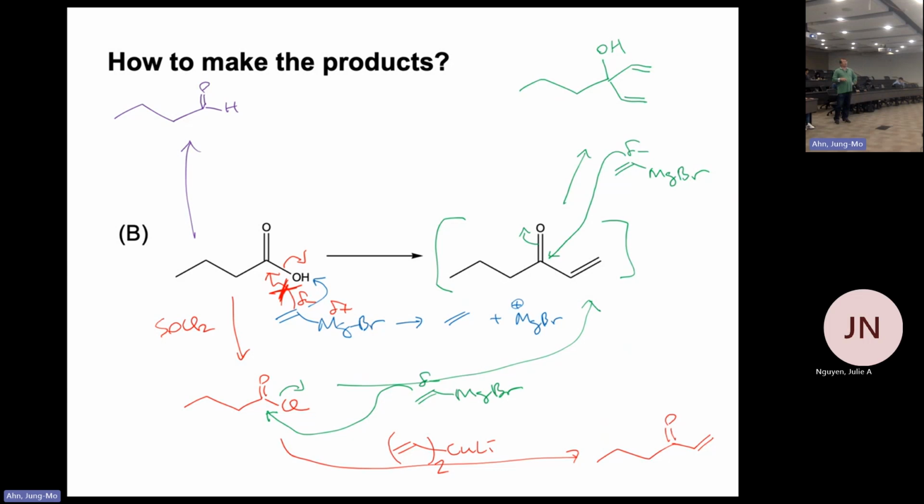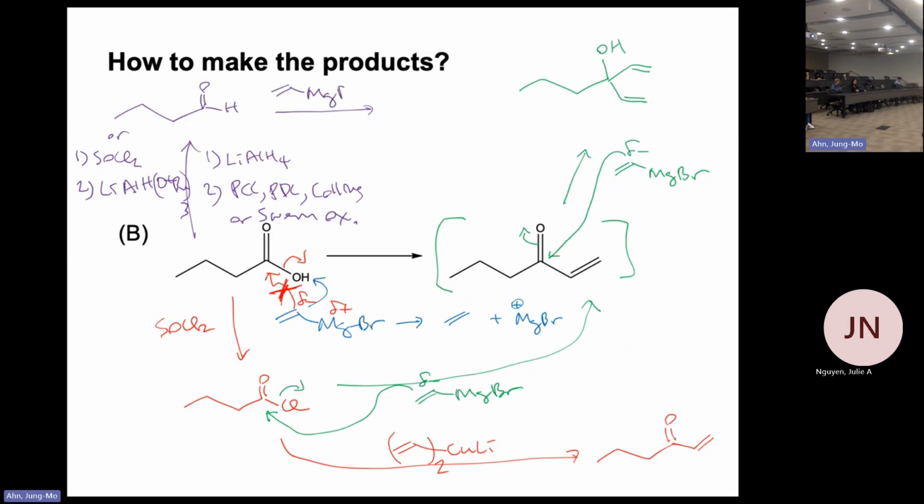What you can do is convert the carboxylic acid into the aldehyde. We just talked about on the previous slide what to do. You can either reduce completely to the primary alcohol and oxidize to the aldehyde, or you can also use the acid chloride and then the tri-tert-butoxy aluminum hydride, and then you get an aldehyde. If you have an aldehyde, now you can use a Grignard.